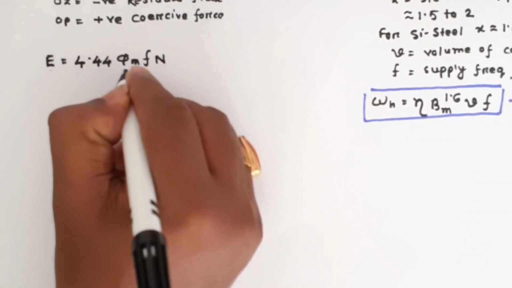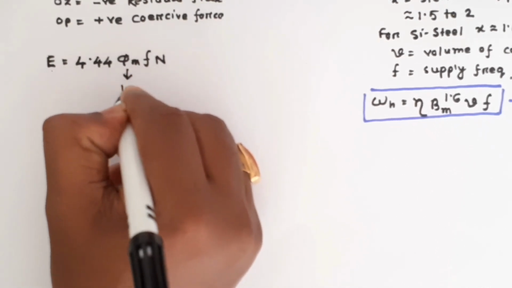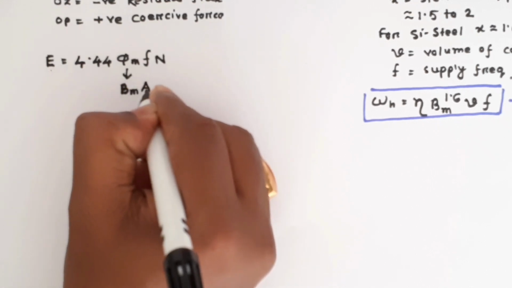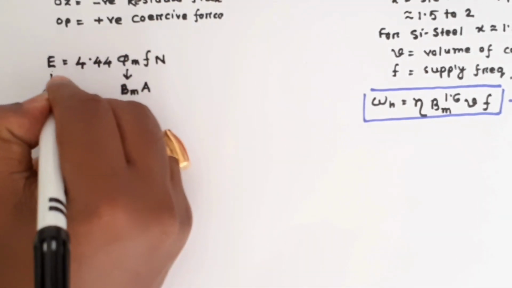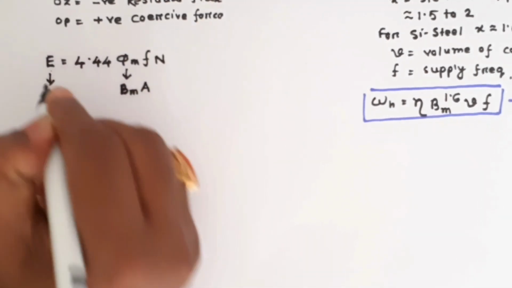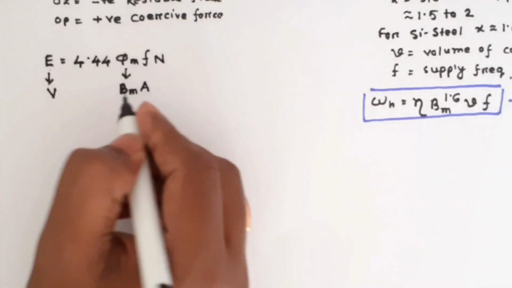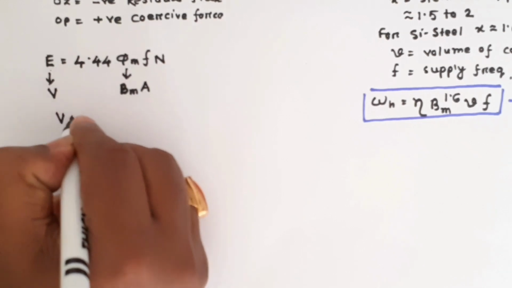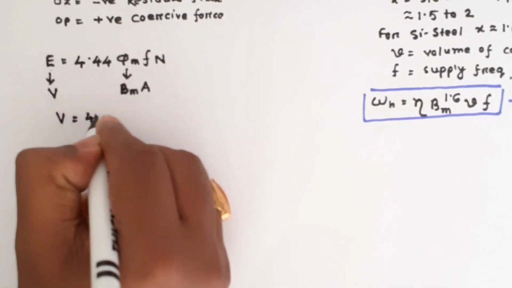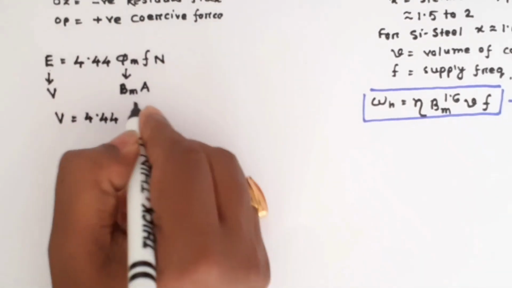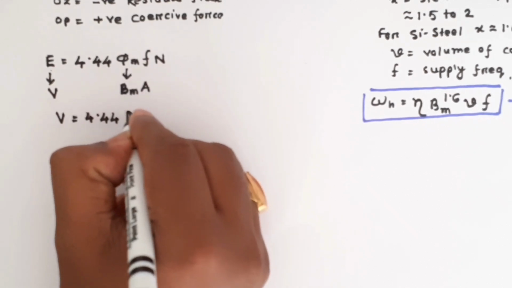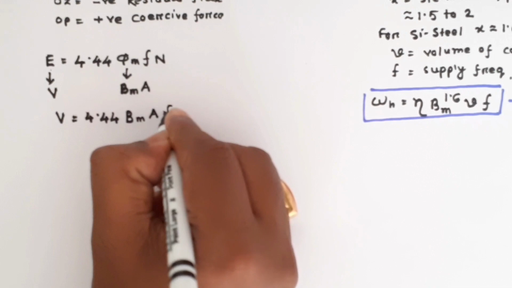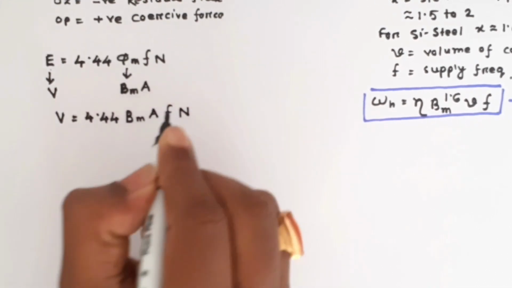Now phi_m is B_m into area, flux density into area, and E is proportional to V, the supply voltage. Therefore, I can write V equal to 4.44 B_m A into frequency into number of turns.